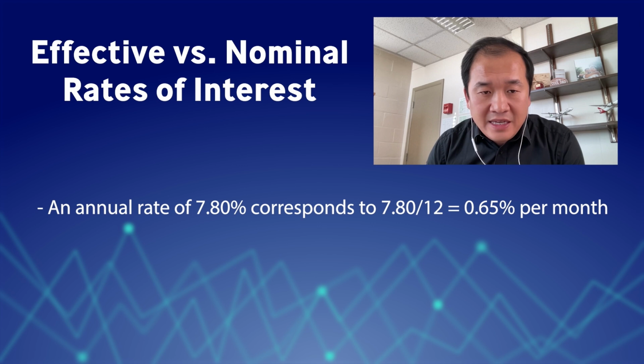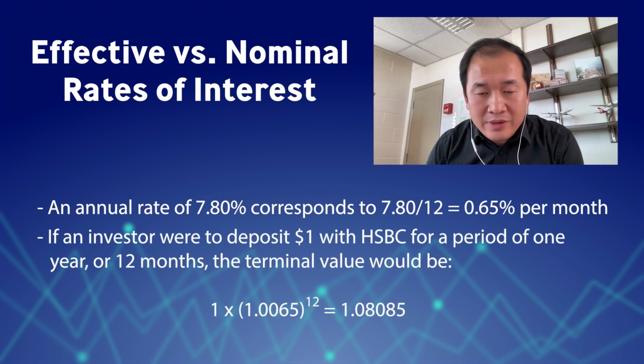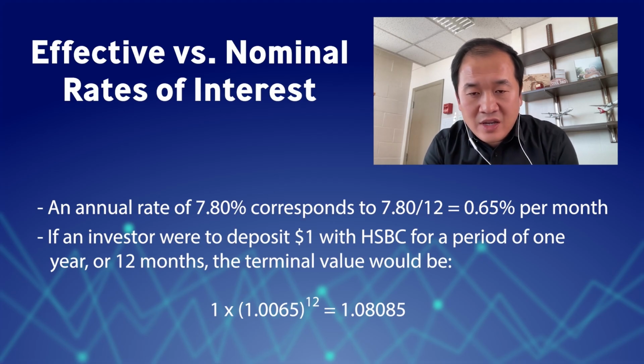Consequently, if we deposit $1 with HSBC for 1 year, your interest will be compounded 12 times in a year. So your actual, or effective, interest rate will be 1 times 1.0065 to the power of 12. I can skip the process of calculation. The result is 1.08085.